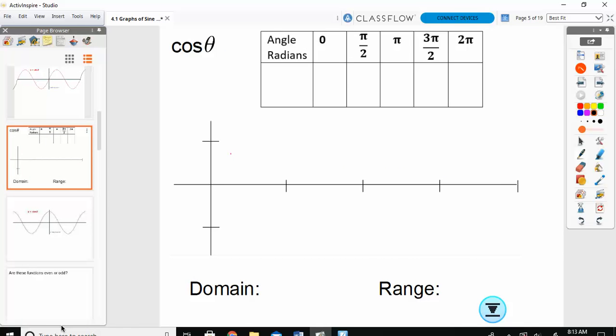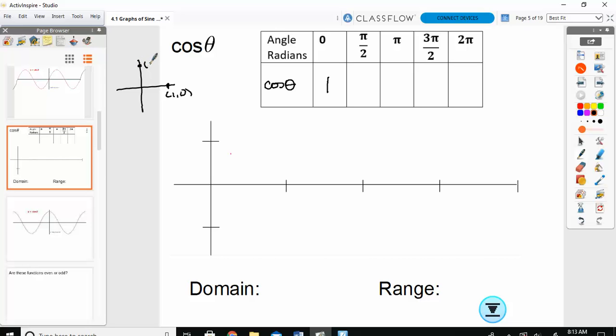Okay, let's go ahead and graph cosine. So we'll do the same points, the quadrantal angles. We know on our unit circle cosine is the x. So what is the cosine of 0? 1. Or if you do the hand trick, square root of 4, which is 2 divided by 2, is 1.